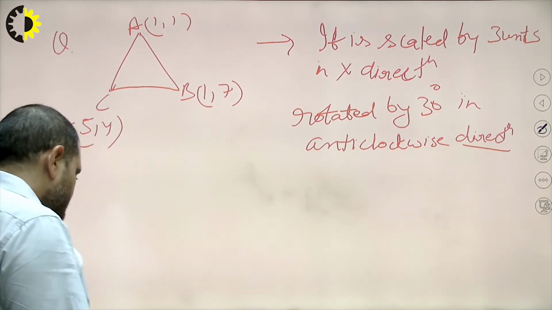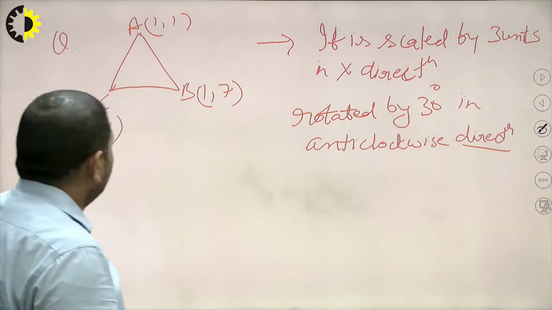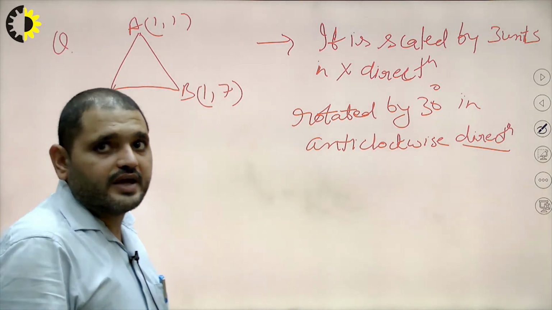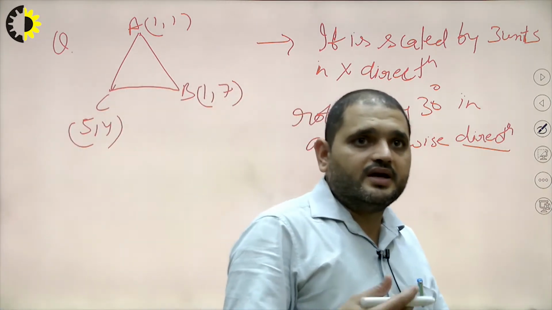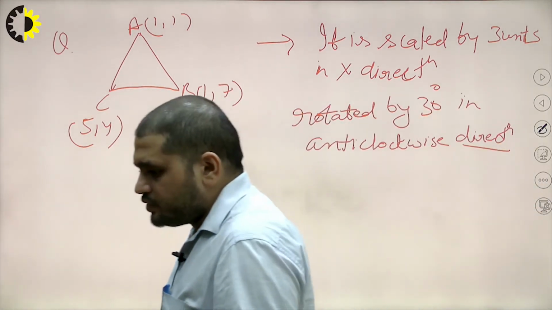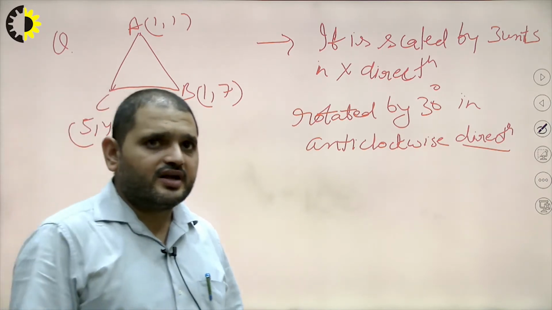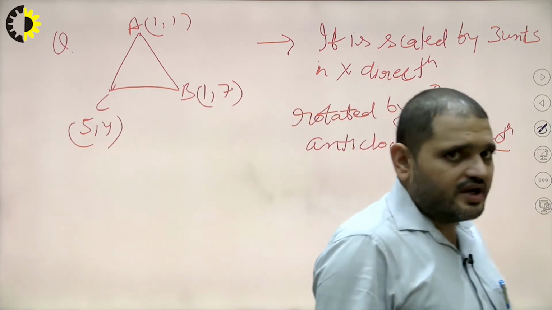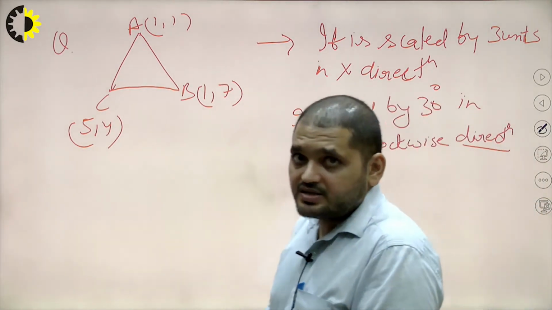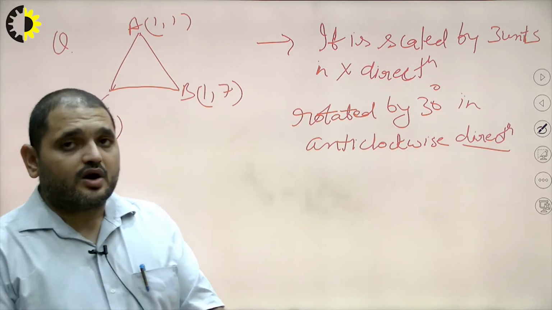Take any point of this triangle, it might be A, B or C, we have to coincide this point with the origin, because the rotation matrix we derived is for a point which is rotated about the origin.